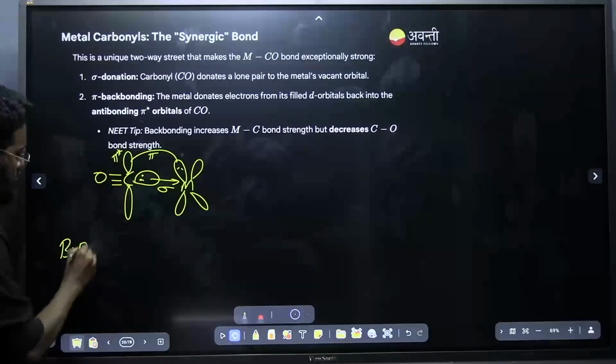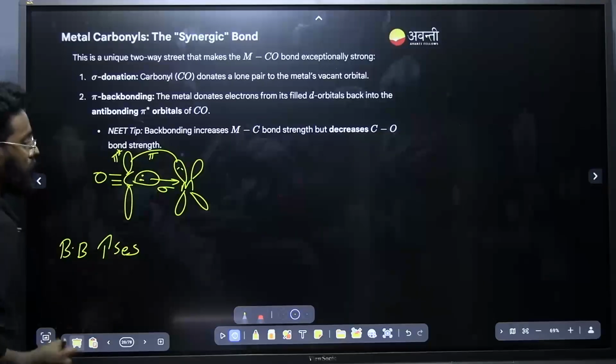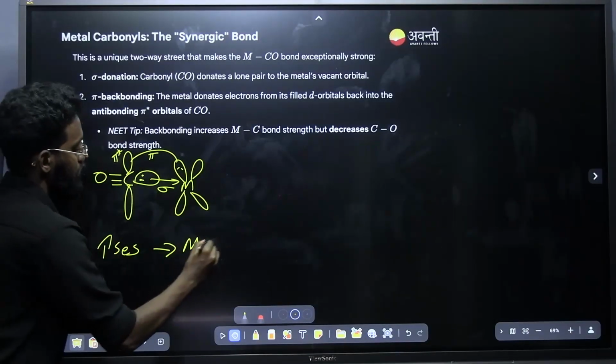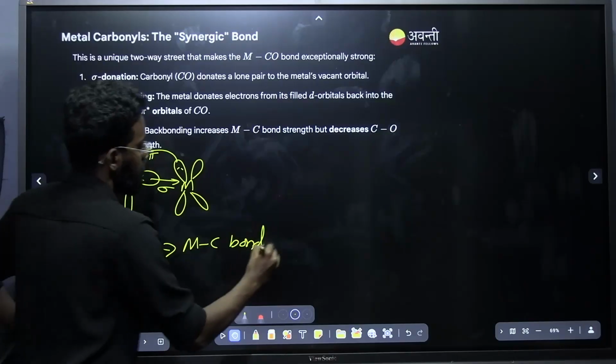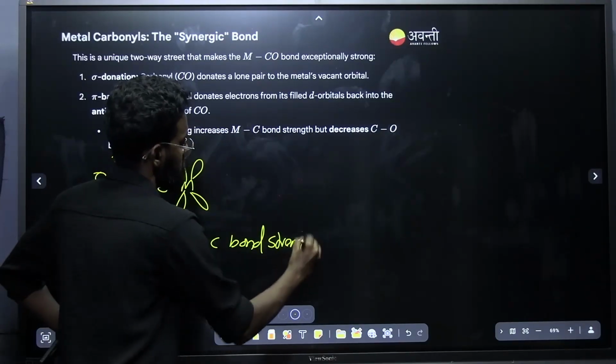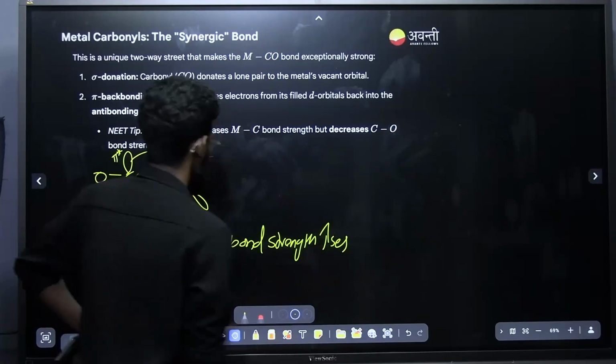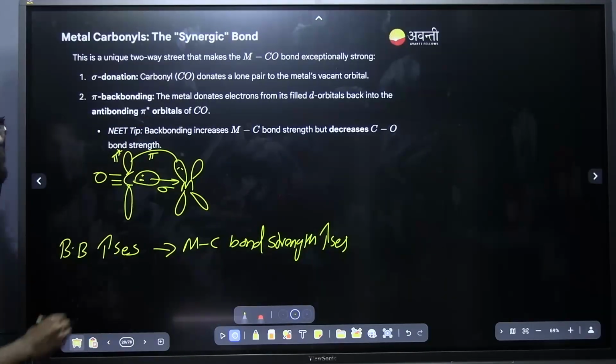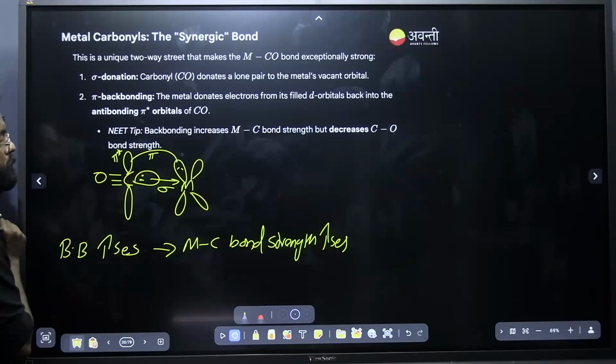So if back bonding increases, what is happening? Metal carbon bond strength increases. If the metal carbon bond strength increases, what is going to happen to the carbon oxygen bond strength?